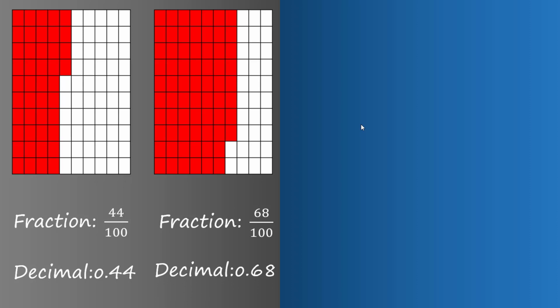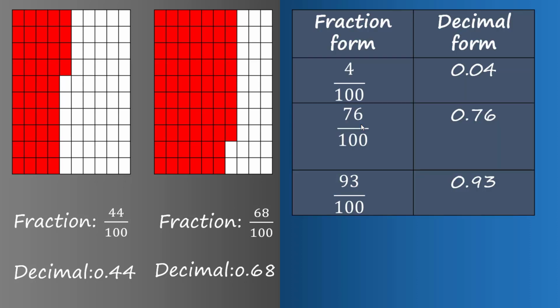So you can note that if we have a fraction with a denominator 100, we have 2 decimal places, don't forget. We have here a table, fraction form and decimal form. 4 over 100 will be 0.04, 76 over 100 will be 0.76, 93 over 100 will be 0.93.